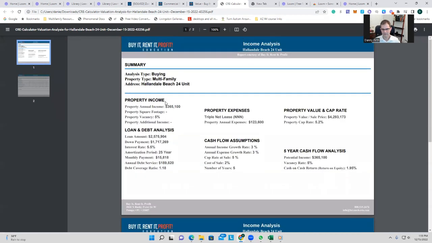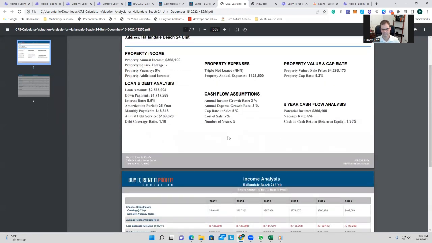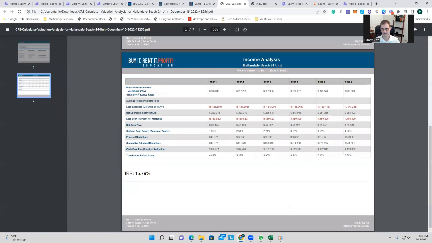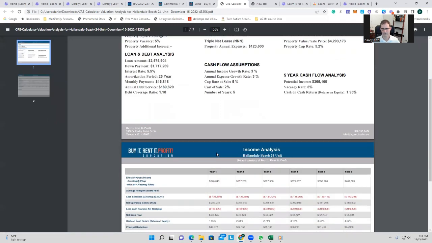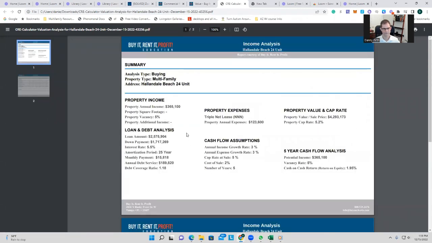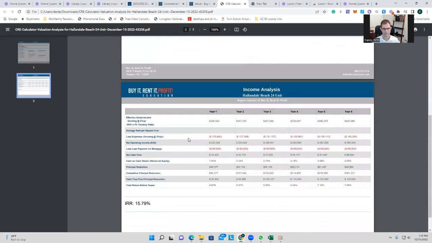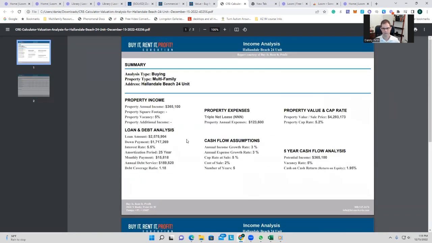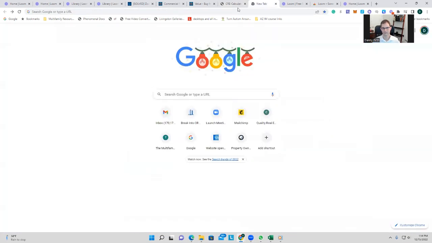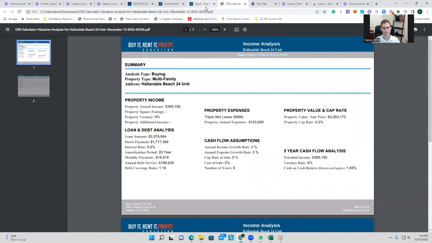And the numbers on this one do not look good, especially the cash on cash return, but that is because I ran this without assuming an increase in rents. So I ran it on the current cash flows. And so what you can do is you can run it once, and this is actually how I'm going to end up using this tool.